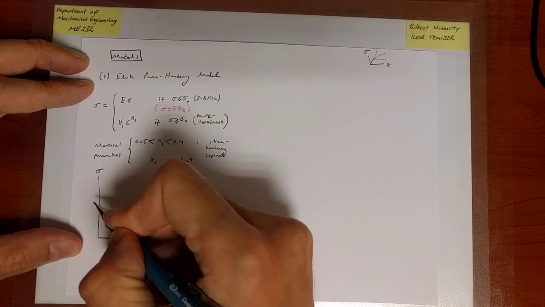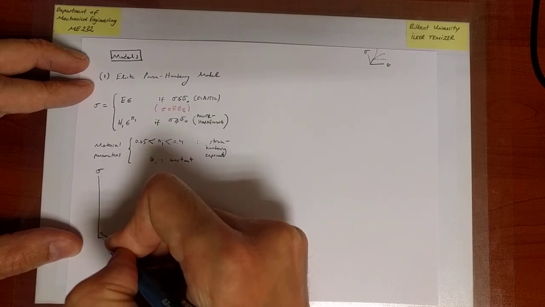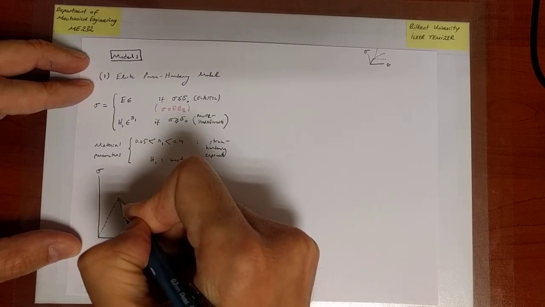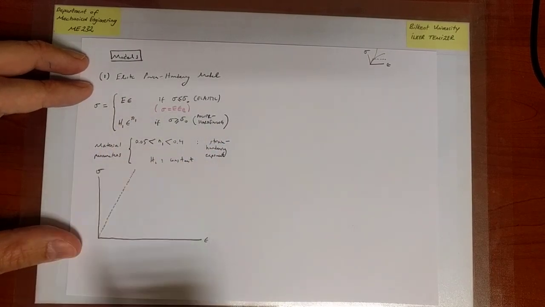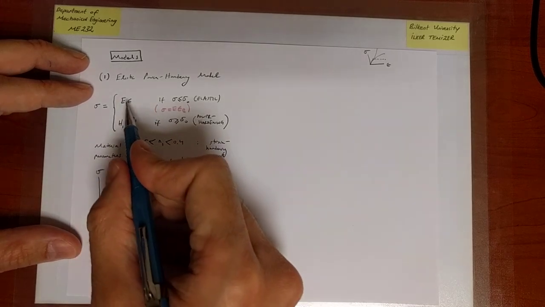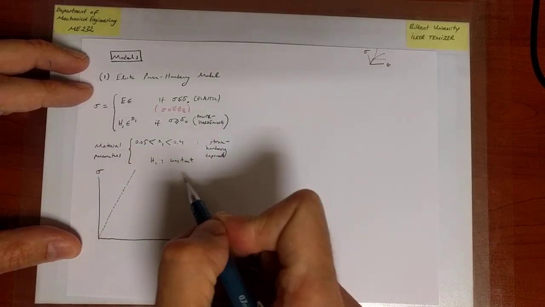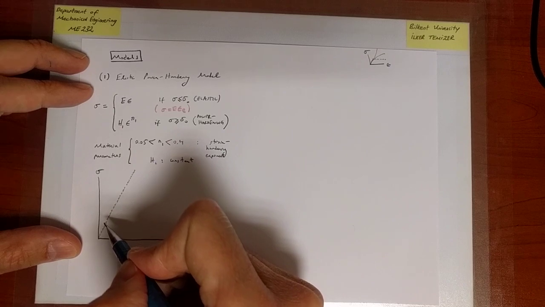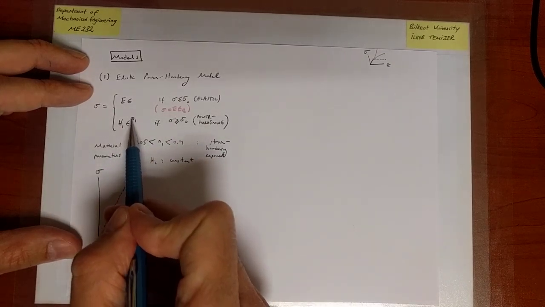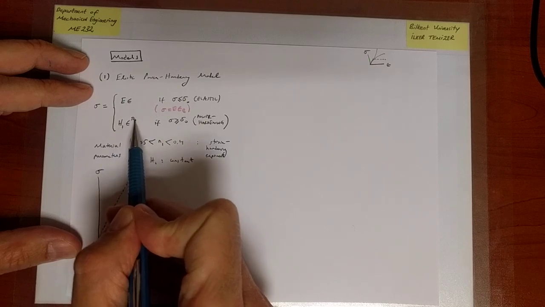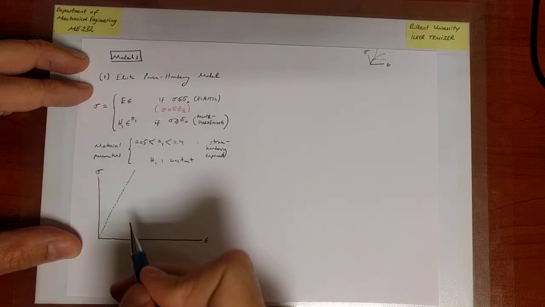And the elastic portion says that sigma is equal to E epsilon, always. Now, we know that's not true because after a while, we'll go into the plastic region, and I will not have really a linear relation, but a deviation from that. Now, the second model is a power relation. You give me the value of epsilon, provided I know H1 and N1, N1 being less than 1, I can tell you what sigma is.